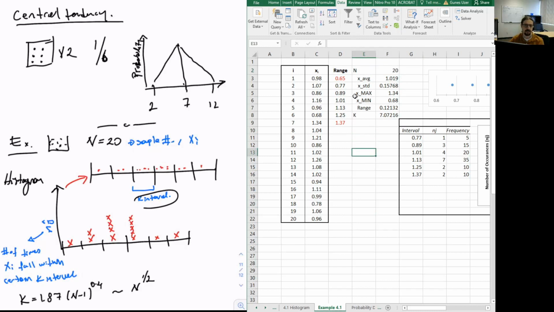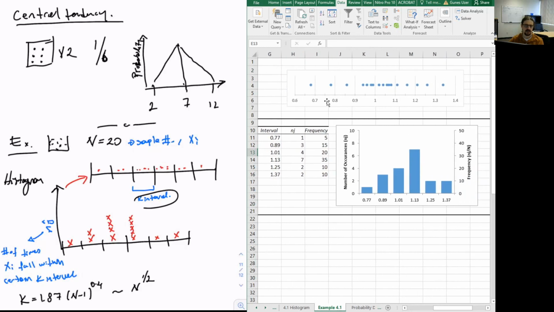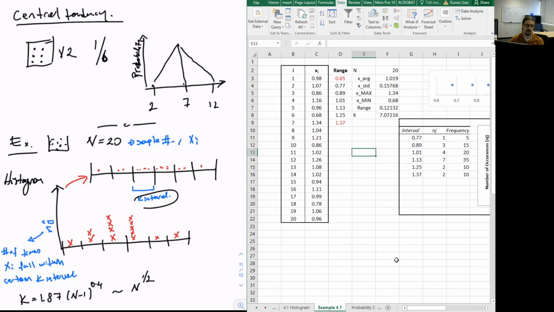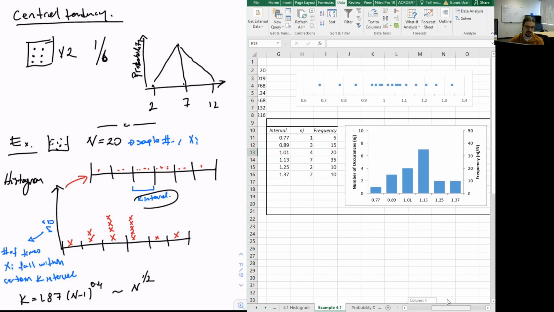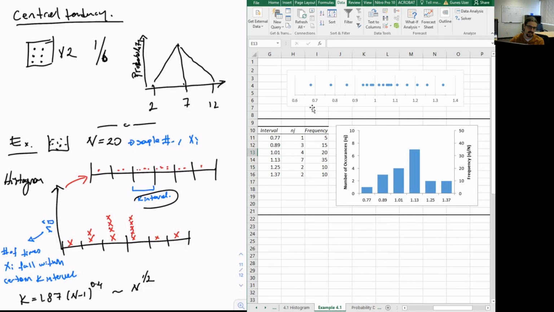And then I also look at it graphically here. So that's my range starting from 0.6 to 0.4, and I had more samples fall into that range, and then fewer samples fall into that range. So when you do the histogram, it looks something like that.